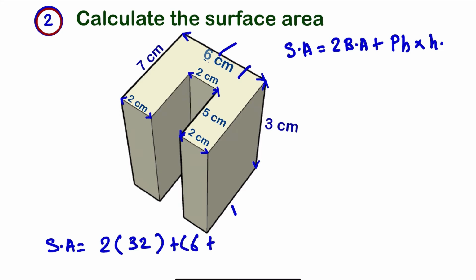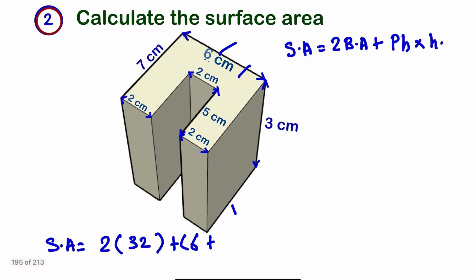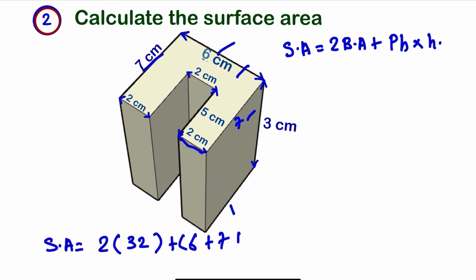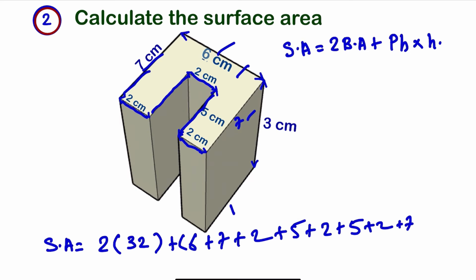Perimeter is the sum of all the sides. So we start with 6, plus this side 6, plus 7, since if this side is 7, this is 7 as well, plus 2, plus 5, plus 2, plus this section will be 5 as well, plus 2, and lastly plus 7, times the height, which is 3.